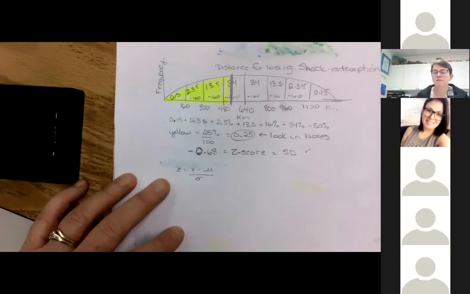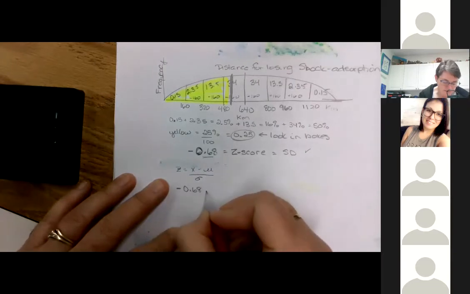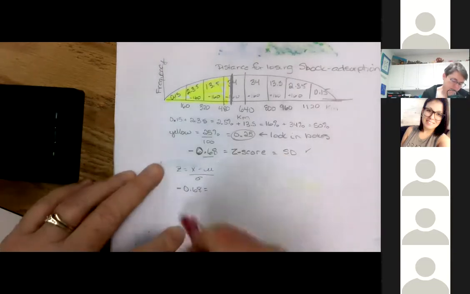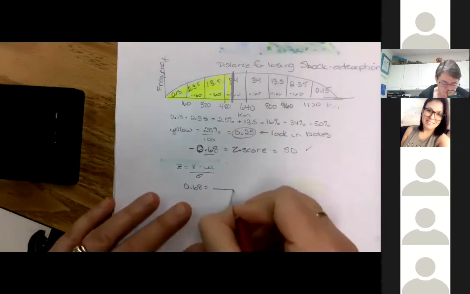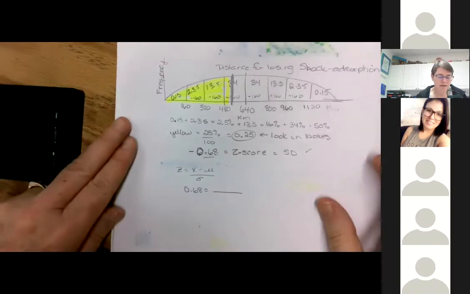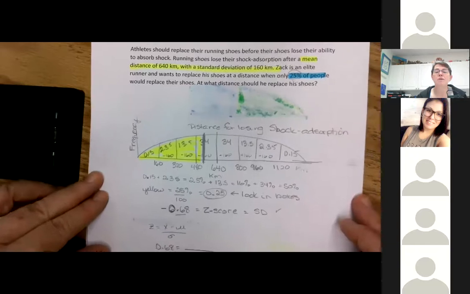Have we figured out the z-score so far? No. Okay, close. It's right there. So negative 0.68 is equal to, if we look at the question, Rachel, I'm going to pick on you again. Can you tell me what the mean is?